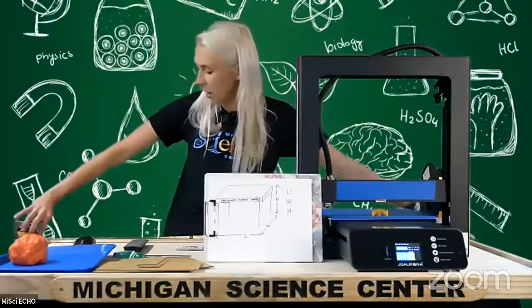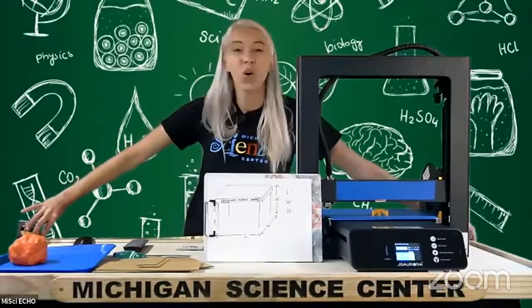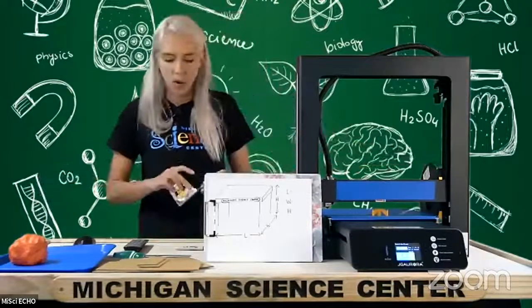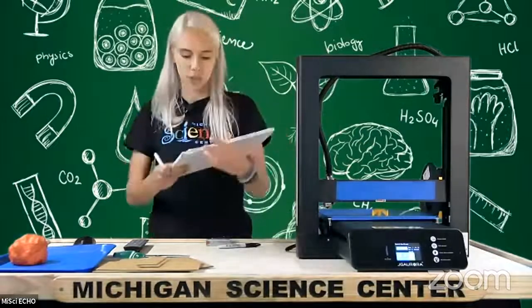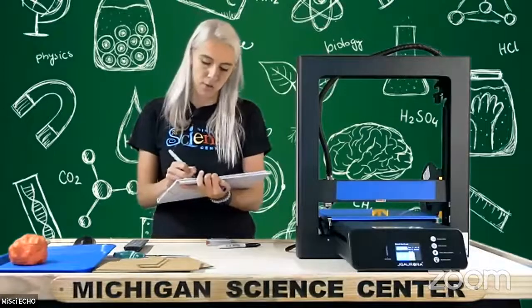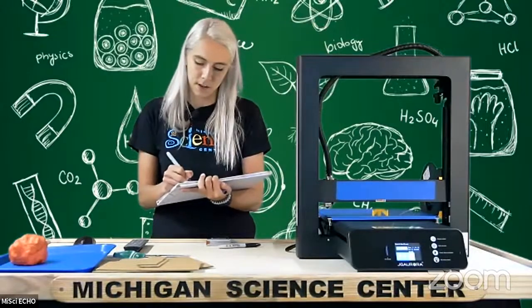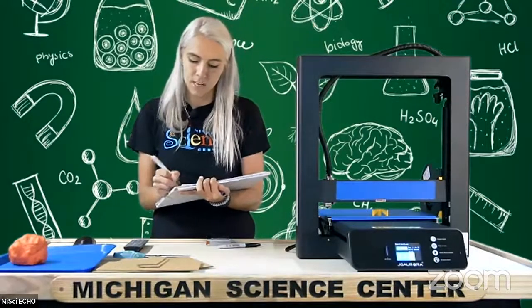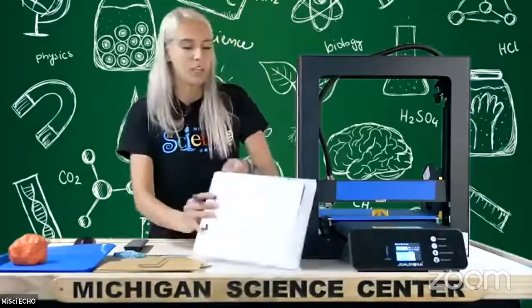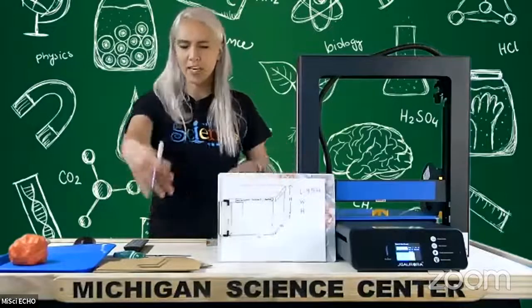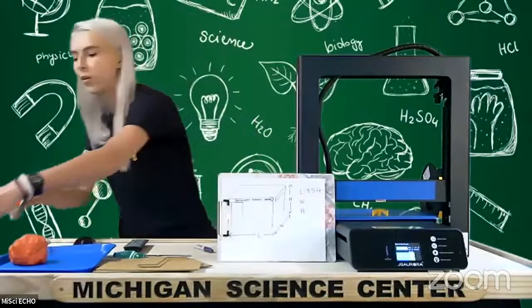So we're going to measure my table in terms of length, width, and height. Length on this table is about 4.5 feet. So let's write that down in our journal here. Length equals 4.5 feet. Next, let's measure width, which is the distance between where I'm standing and the front of the table.